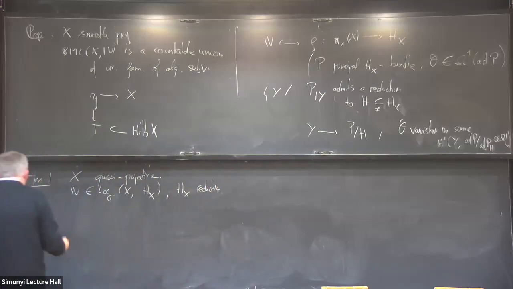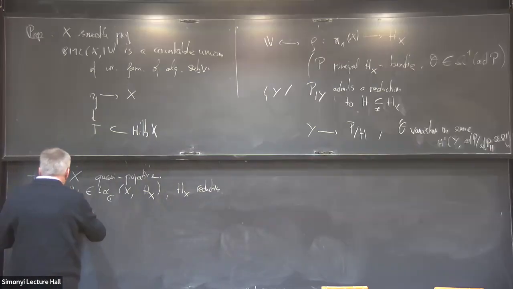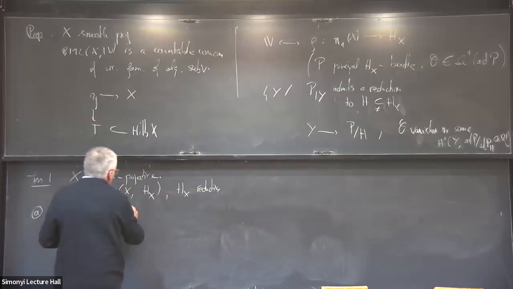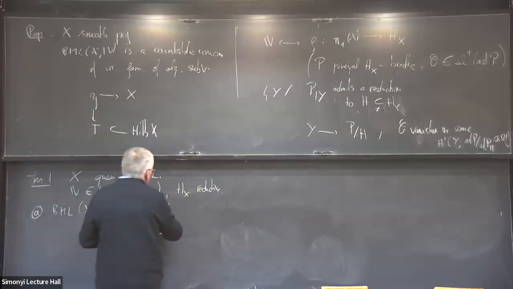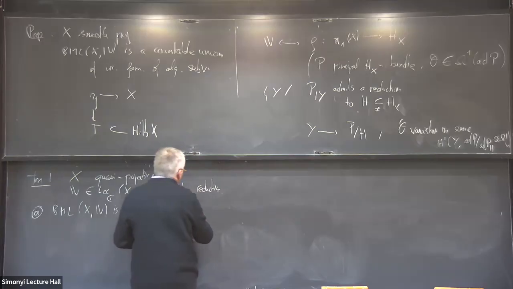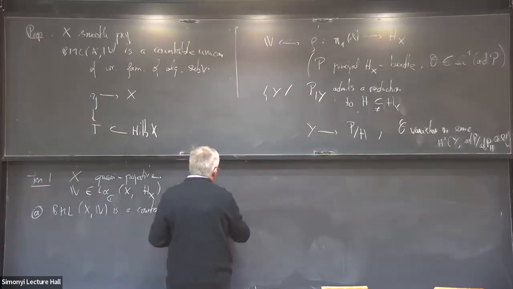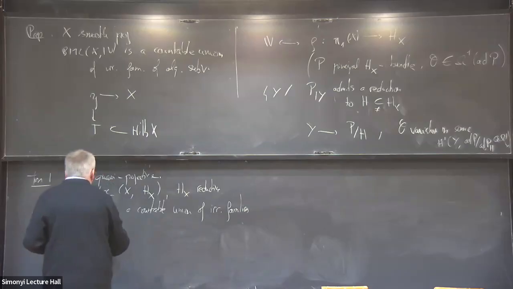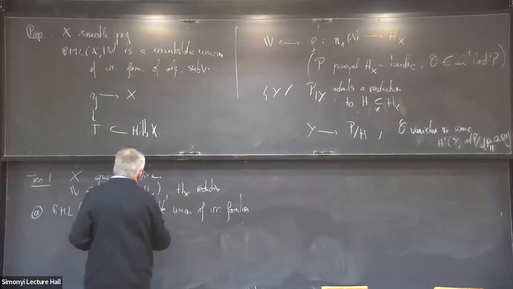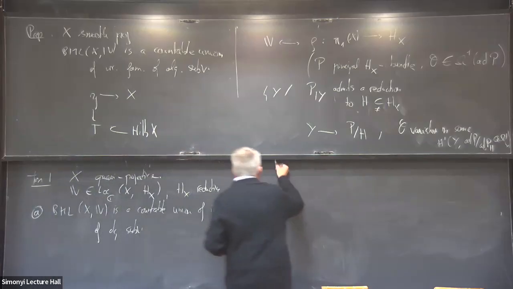Then the first part of the theorem is that you prove in general A, namely that the big monodromy locus of X, V is always a countable union of irreducible families of algebraic varieties.